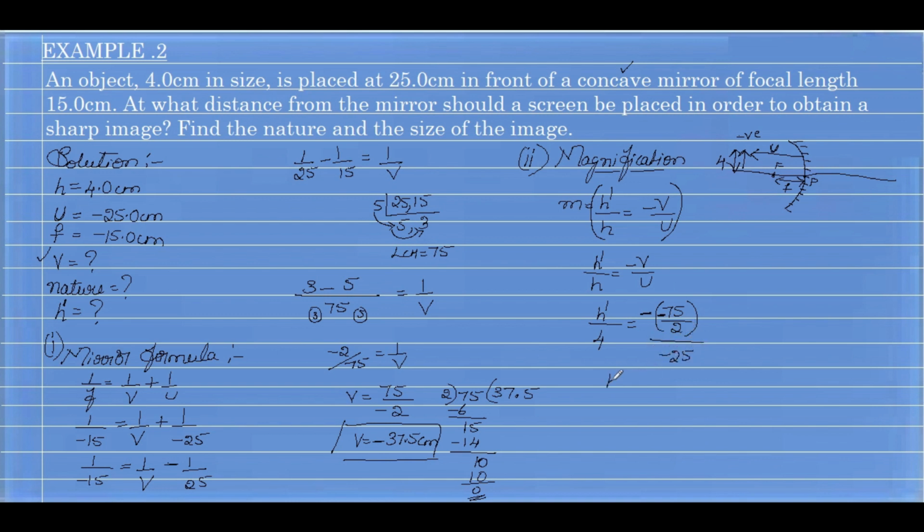Okay. So h dash by 4 is equal to minus into minus, plus 75 by 2 divided by 25 by 1. So next I will take this denominator to the numerator side, so it will become the reciprocal. So that is 75 by 2 into 1 by minus 25.